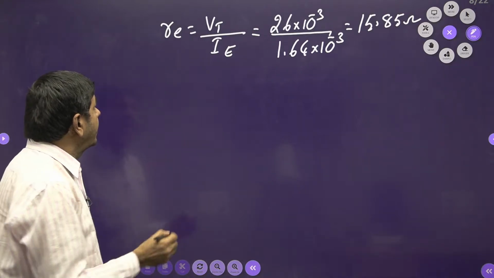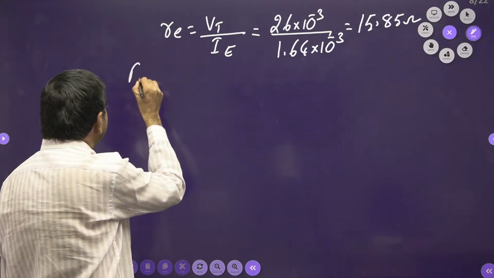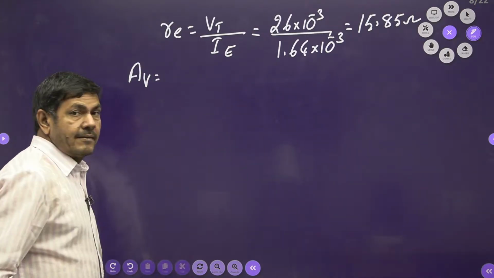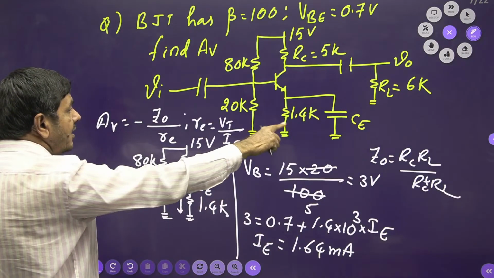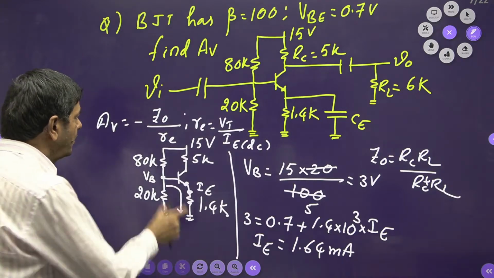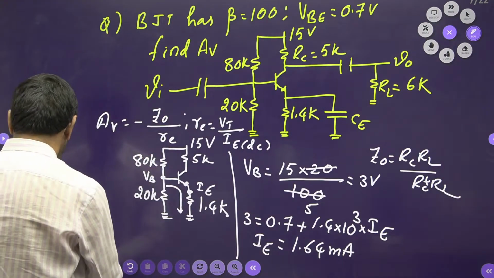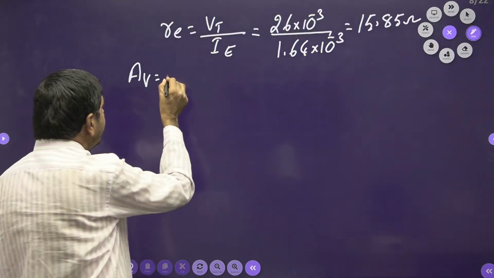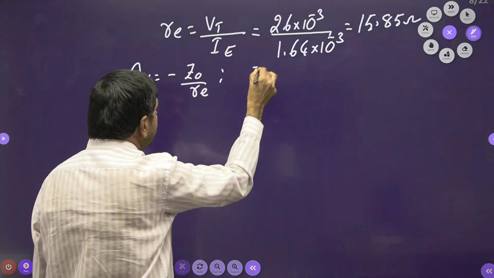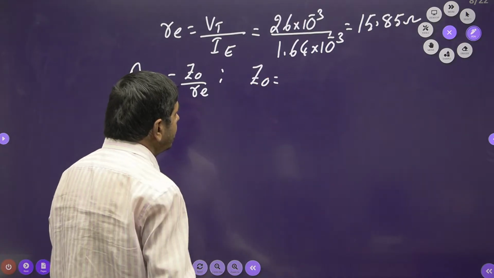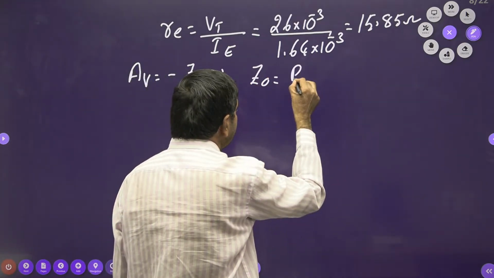Once you got this re, you can determine the voltage gain. But in the network you watch, RE is parallel to CE, so you can apply Z0 by re. The Z0 by re I want. But they require Z0 also. Z0 equals RC parallel to RL.